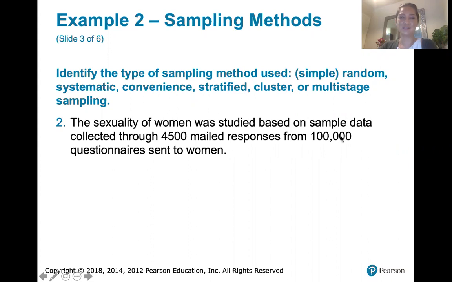I think it's convenience because a bunch of questionnaires were sent out and whoever wanted to sent them back. That's a particular type of voluntary response sample. So that's a convenience sample, which isn't very representative of anything. It does tell you something about the type of women who would send it back, but it doesn't really tell you anything about the larger population of women.